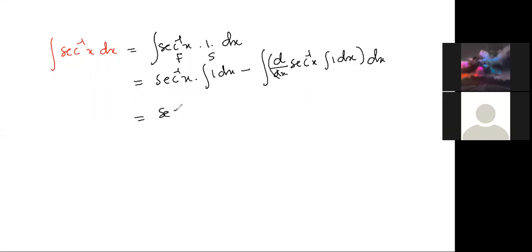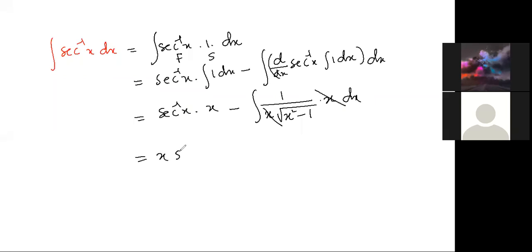So I'll just fill this up: x sec inverse x. Now you tell me, do you remember the derivative of sec inverse x? 1 upon modulus x root of x square minus 1, into x dx. Now this x and this x will get cancelled. So it became x sec inverse x.